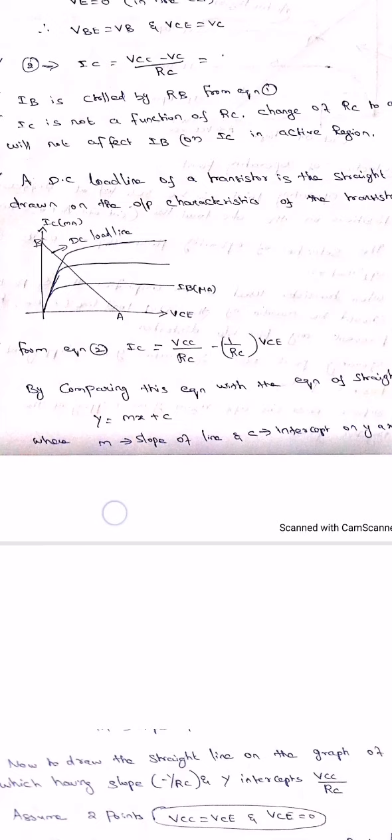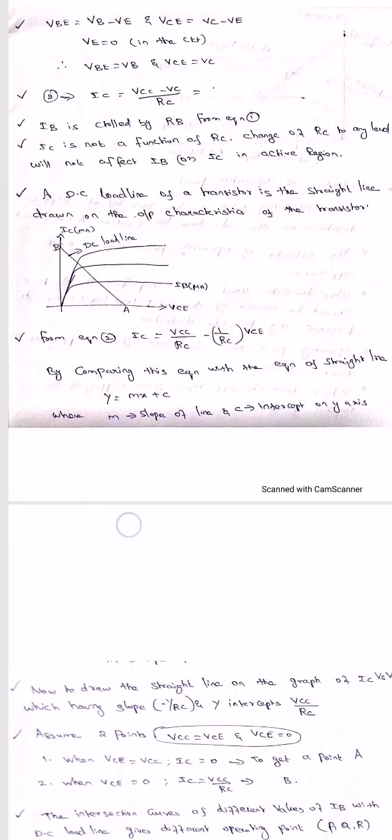Already we derived equation 2, that is IC is equal to VCC by RC minus VCE by RC. Now compare this equation with the equation of a straight line. Why do we compare with a straight line? Because the DC load line is a straight line drawn on the output characteristics of the transistor.